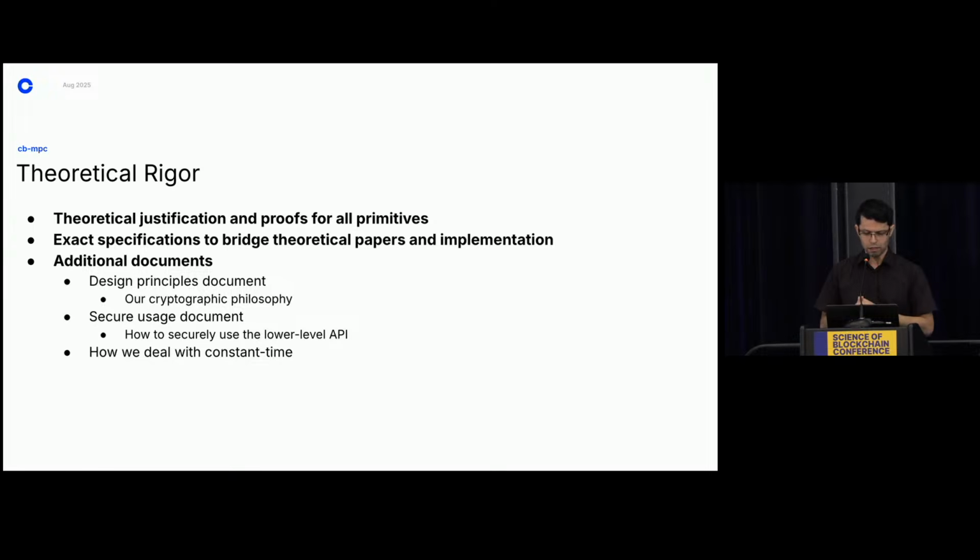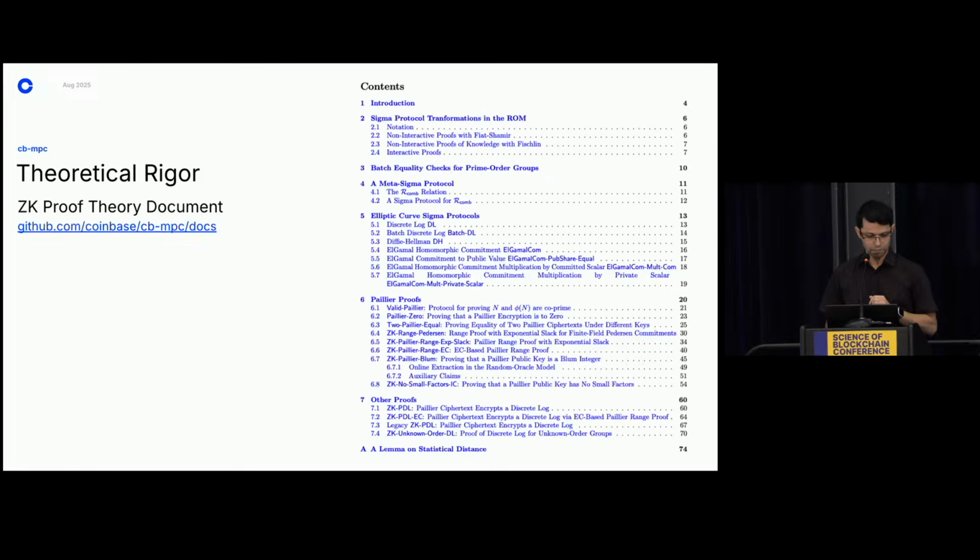We have also provided our design principles, secure usage, and how to deal with constant time. I'm not going to go into details of it because I've already touched upon them. However, what I am going to do is just give you a taste of what our theoretical document looks like. This is the table of contents for our zero-knowledge justification document.